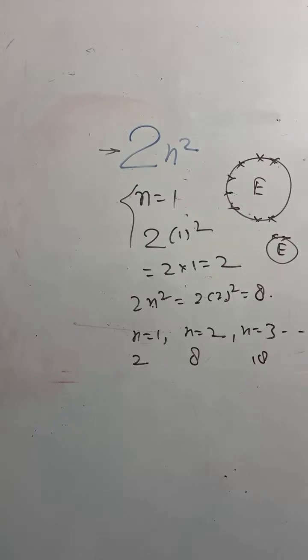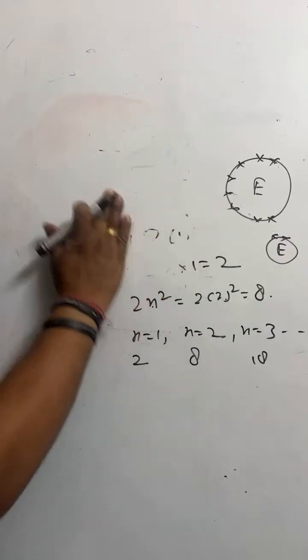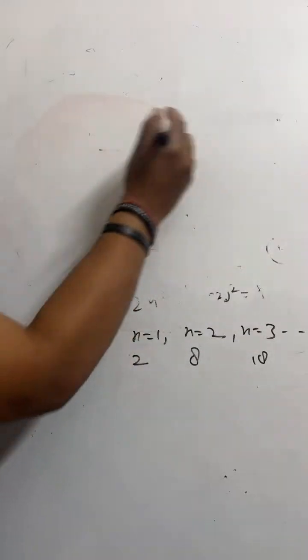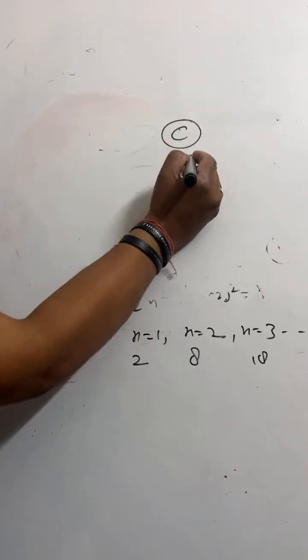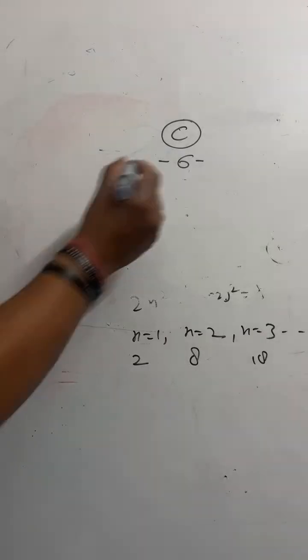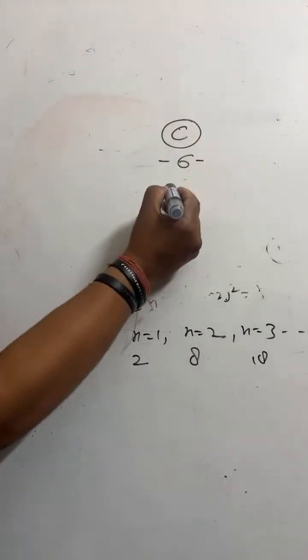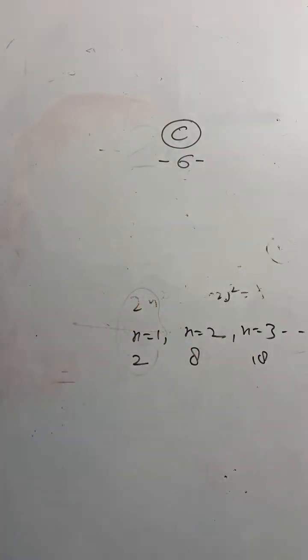But what happens, my dear friends, with carbon, which is very important to discuss today? Carbon has a total of 6 electrons. So in the first orbit, how many electrons should be there according to Bohr's theory? 2.